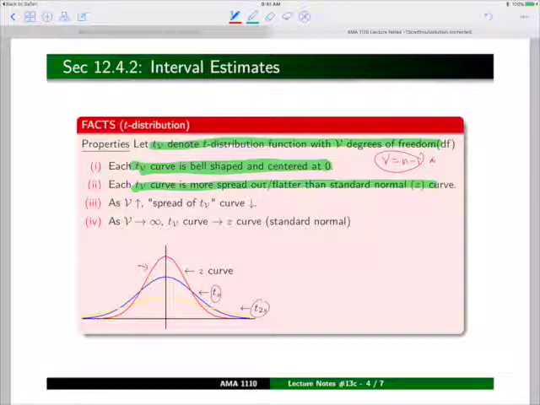As nu increases, the spread of t nu decreases, and as nu goes to infinity, the t nu curve converges to the z curve, the standard normal curve.